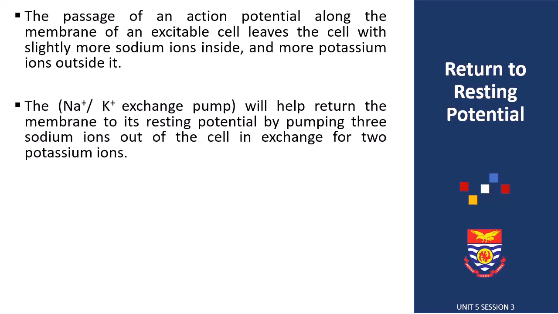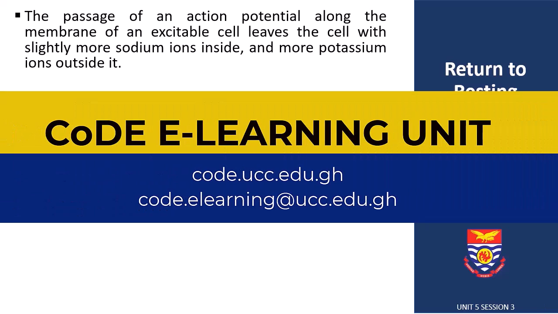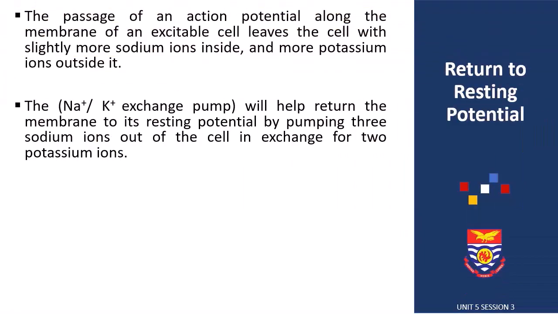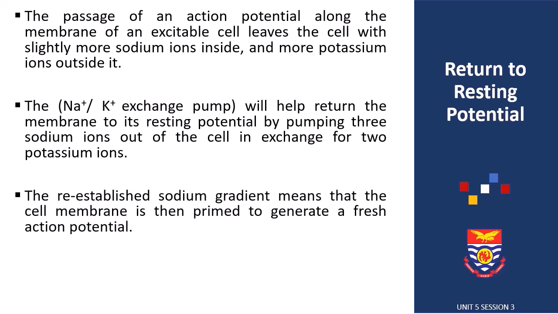So the sodium-potassium pump helps to return the membrane to its resting potential by pumping 3 sodium ions out of the cell and causing the influx of 2 potassium ions. The sodium gradient that is re-established indicates that the cell membrane is then prepared to generate a fresh action potential.